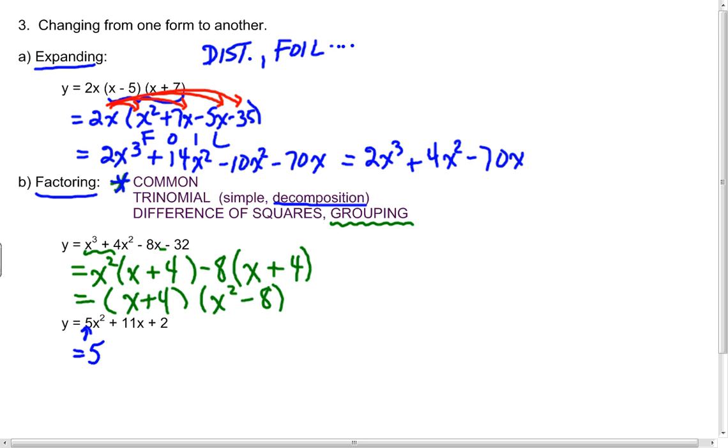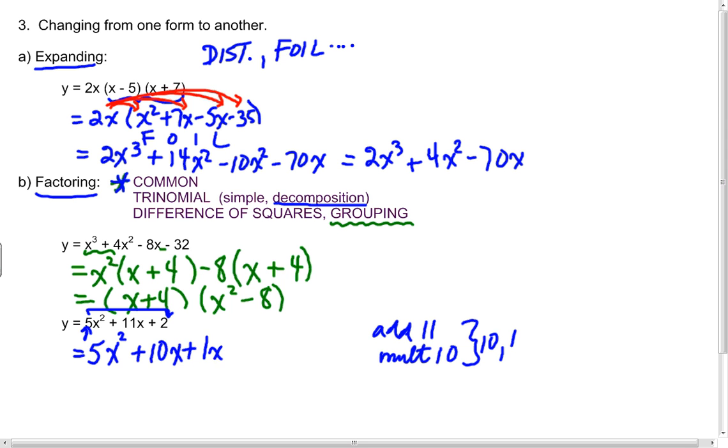For decomposition, I break that middle term into two parts, such that my two parts add to 11 and multiply to 10. I get that from the outer two numbers. My two numbers are 10 and 1. The order doesn't matter. I'm going to do 10x plus 1x, but you would still get to the same answer if you had it the other way around.